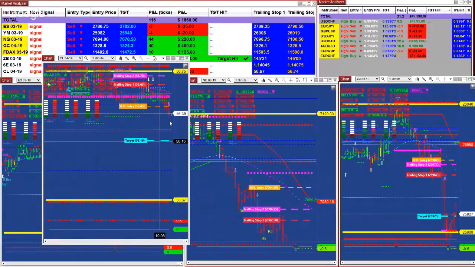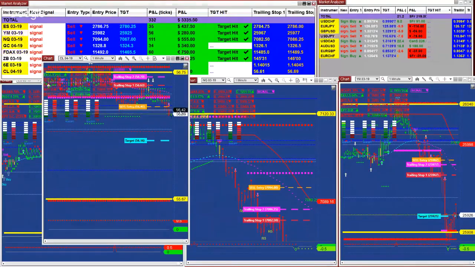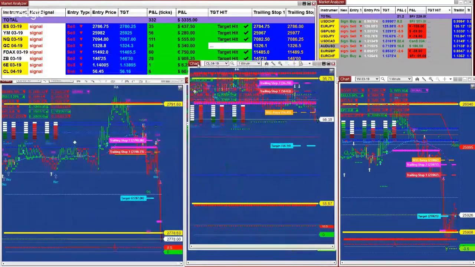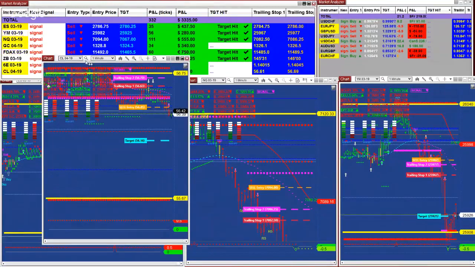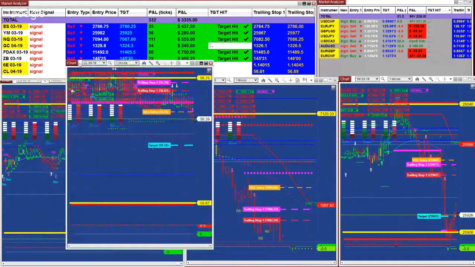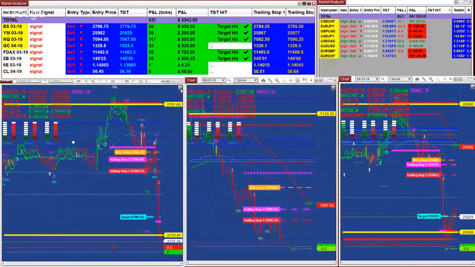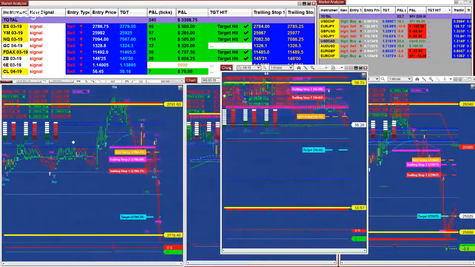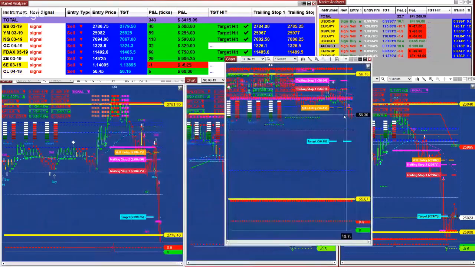The only thing left is the CL, and now my internet is back to normal, so it's recovering. On the CL, we are only 6 ticks away from the entry signal.